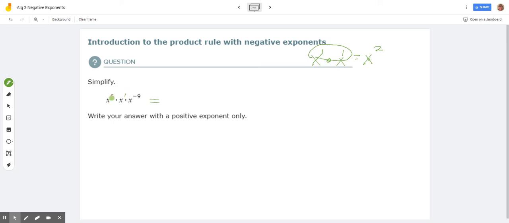Just add them. 5 plus 1 is 6. 6 minus 9 is negative 3. It's x to the negative 3. But they said write your answer with positive exponents only, so you have to use the definition and write 1 over x to the 3rd. Don't forget the definition of negative exponents.